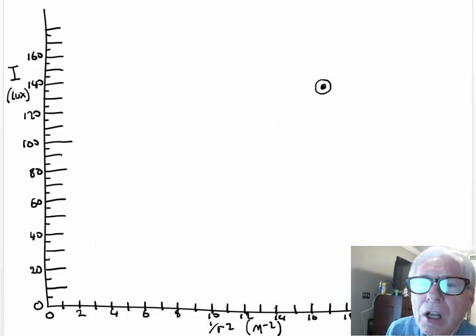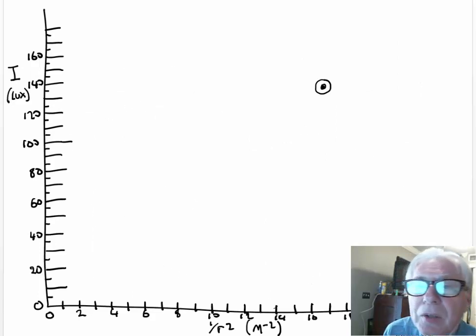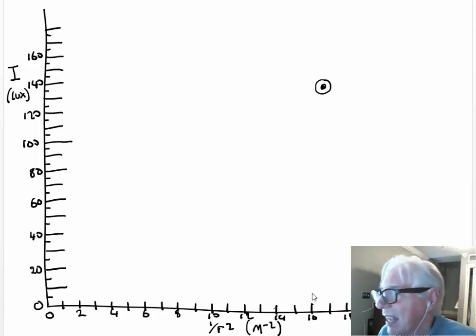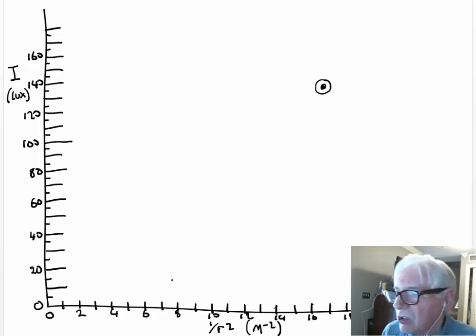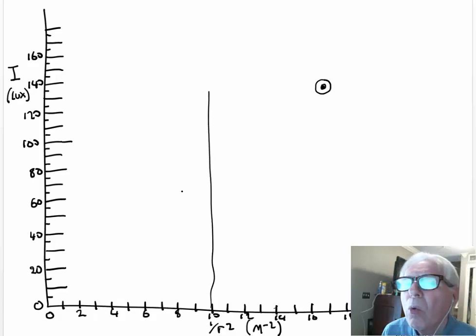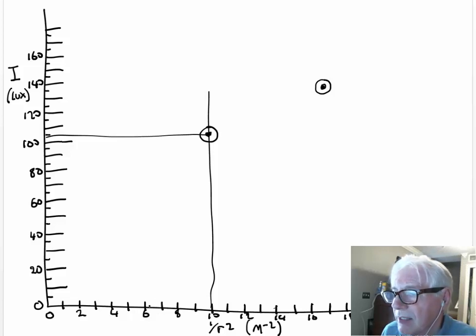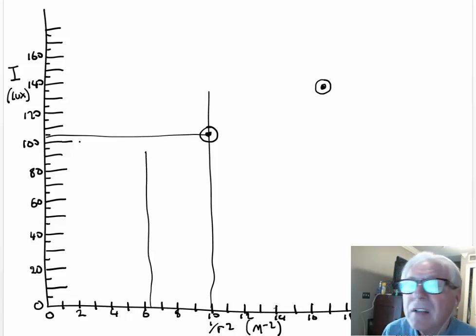So we come along and we go, the next one it's 104. Let's do it the other way around. It's 9.77, which is just shy of 10. And then we add 104. And then I had 6.25. There's 6, there's 7, 6.25 is there.